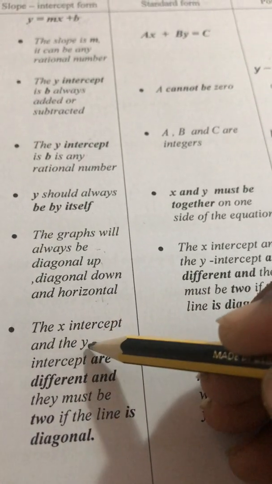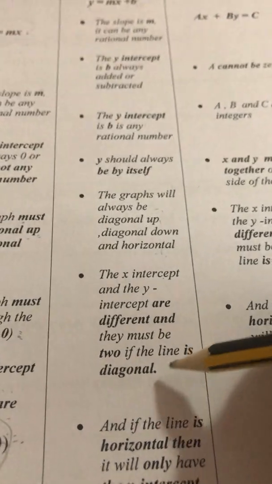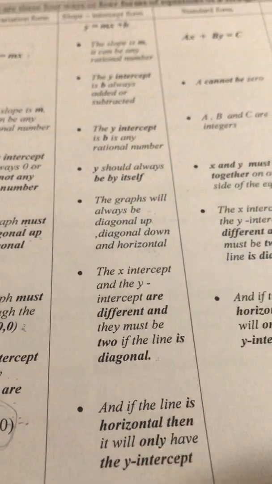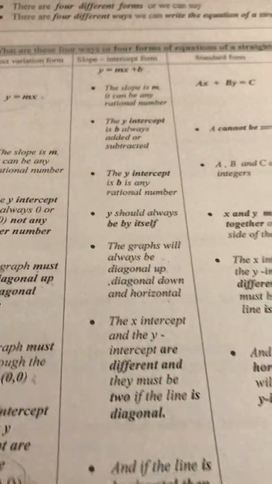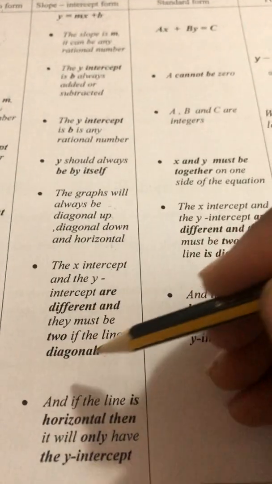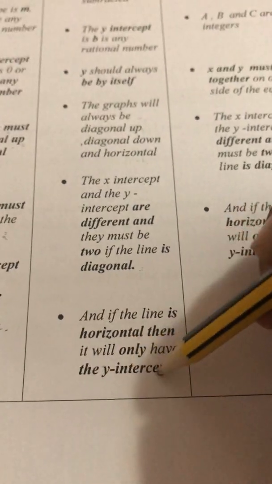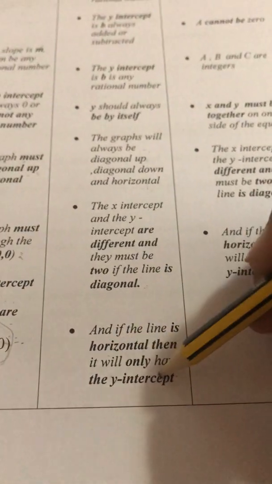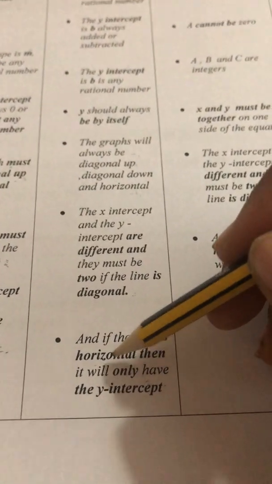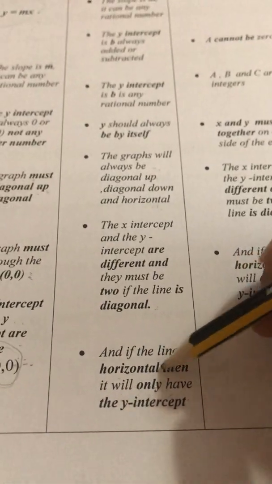The x-intercept and the y-intercept are different and there must be two if the line is diagonal. You saw that in our picture before. And if the line is horizontal, then you'll only have the y-intercept. You will not have the x-intercept. Why? Because the horizontal line does not cross the x-axis.